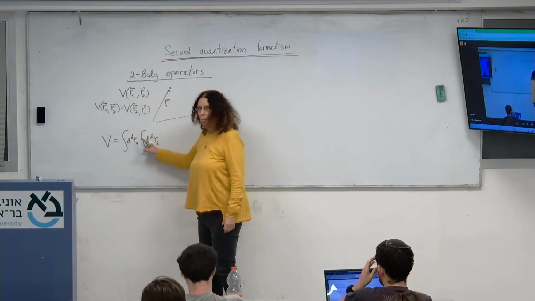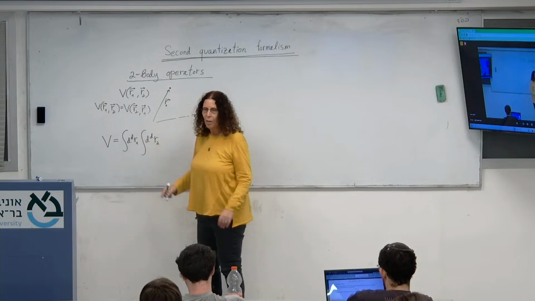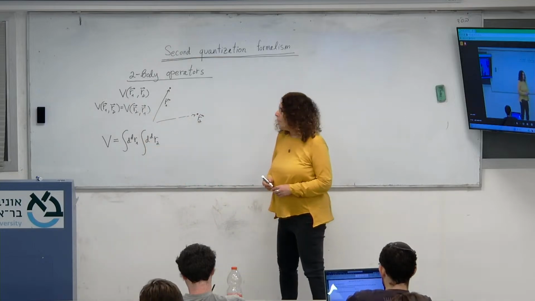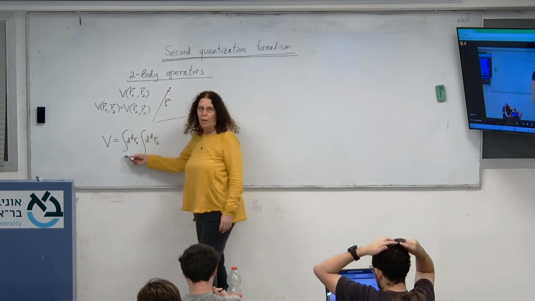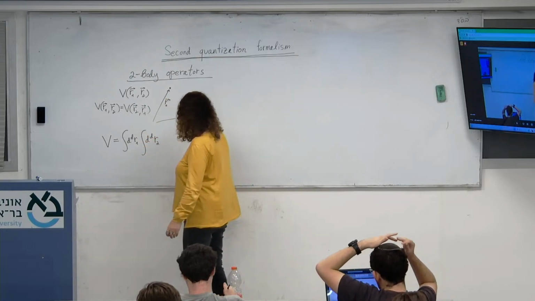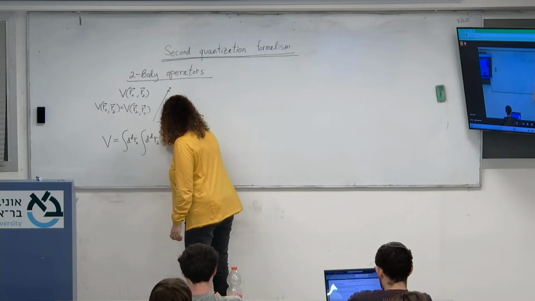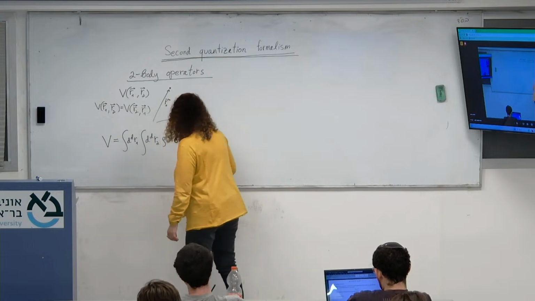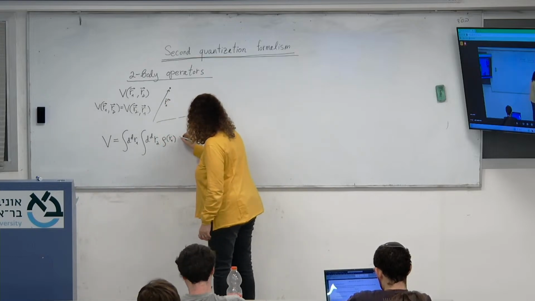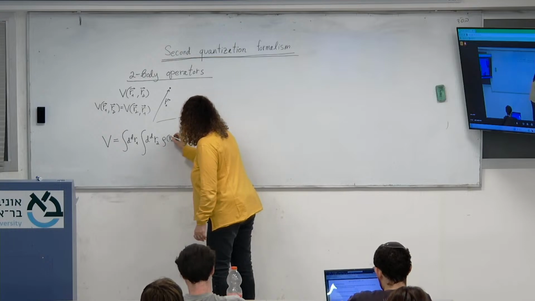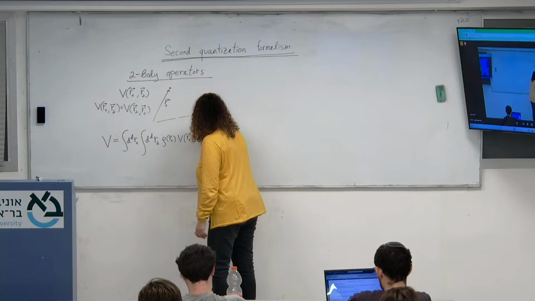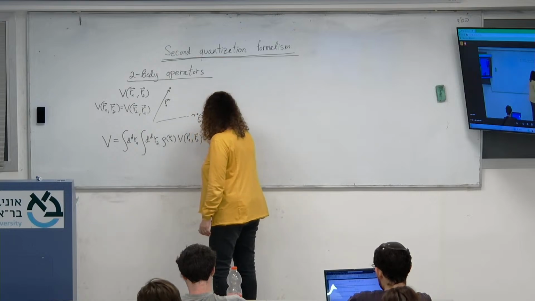You notice that here I'm keeping the dimension of the system arbitrary, and the integral may be on some finite volume or infinity, doesn't matter. And then, let me write it in a symmetric form, I have rho of R1, V of R1, R2, the interaction, and then rho of R2.